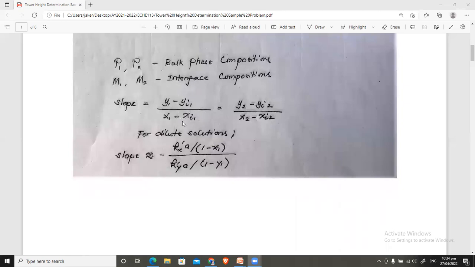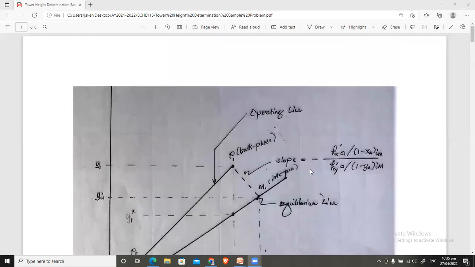So in this formula you are using the concentrations of the phases at the bottom of the column, where in here we have the concentrations at the top of the column. If our solution is dilute, we can simplify this particular equation. Why I say simplify? Because the formula for this one, class, is complicated. I will show it to you in a little while.